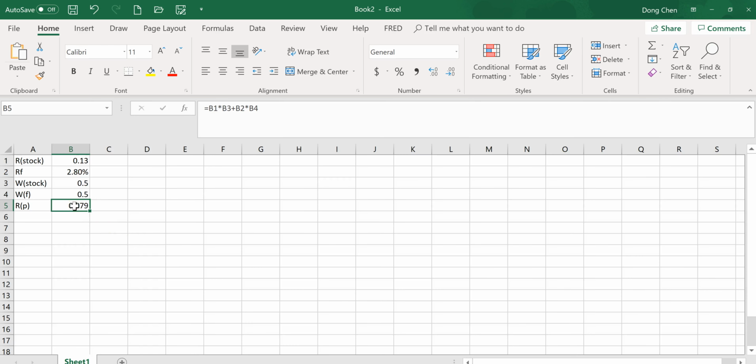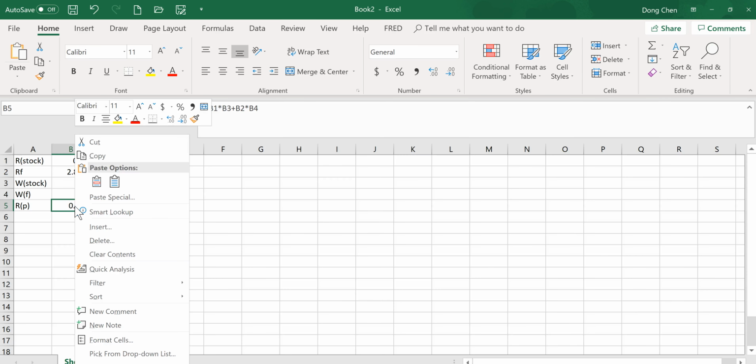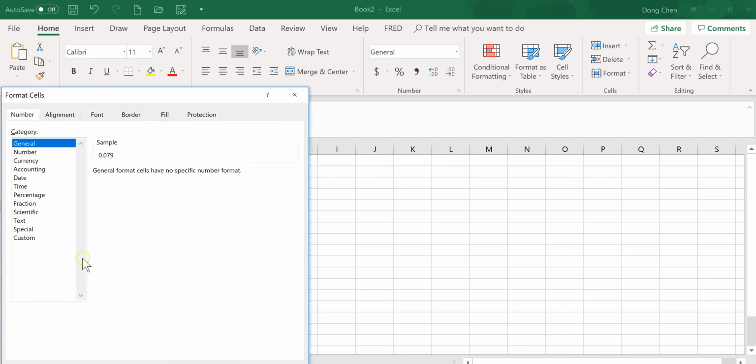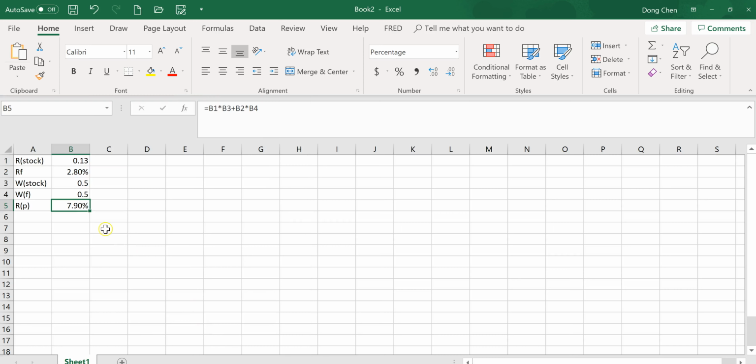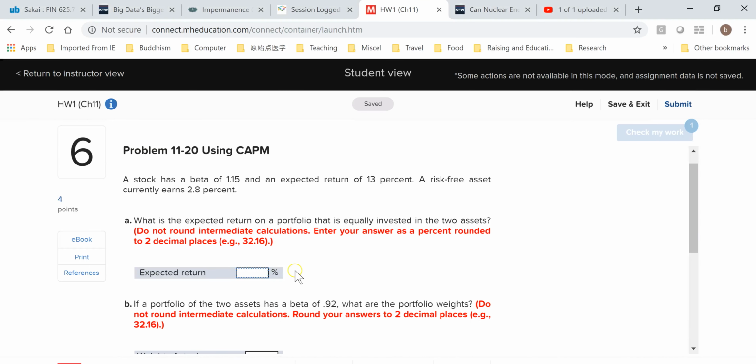So I need to change this format. Right-click on the cell and choose Format Cells, change this to percentage in the category, and keep 2 decimal places. So 7.90%. And that's my first answer.